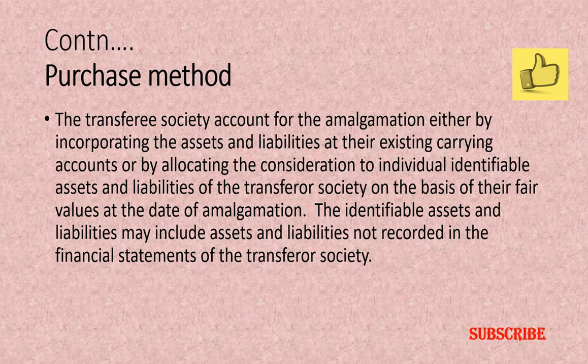The identifiable assets and liabilities may include assets and liabilities which are not recorded in the financial statements of the transferor company. In other words, on the date of the purchase, there should be revaluation of assets and liabilities, and the revalued assets and liabilities must be accounted for by the transferee company as per the purchase method.